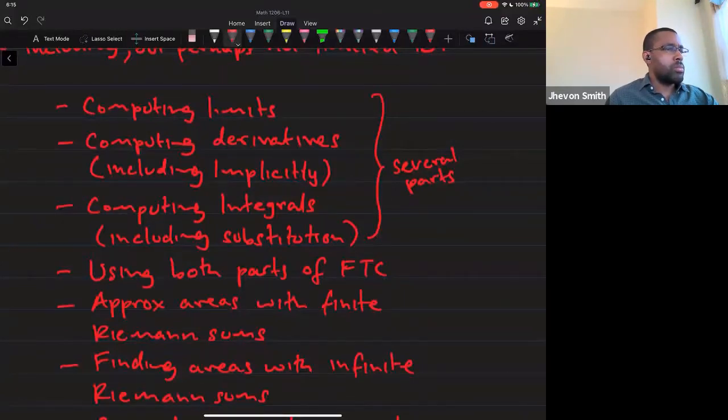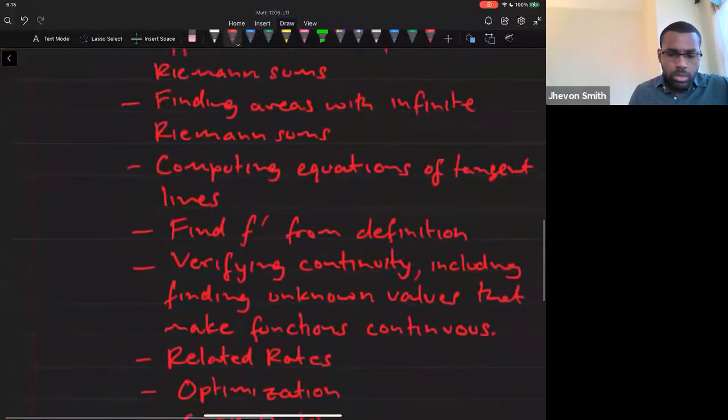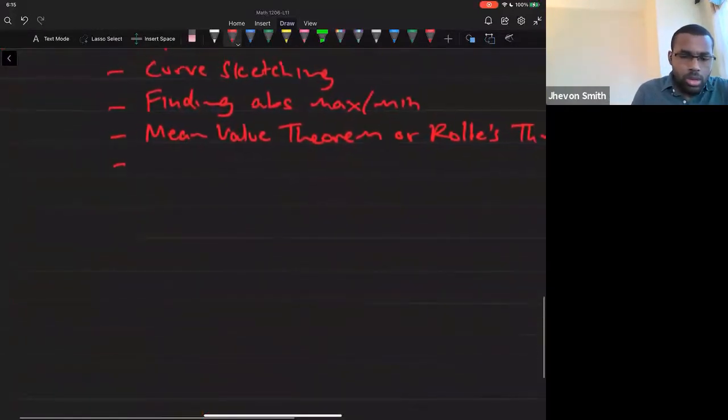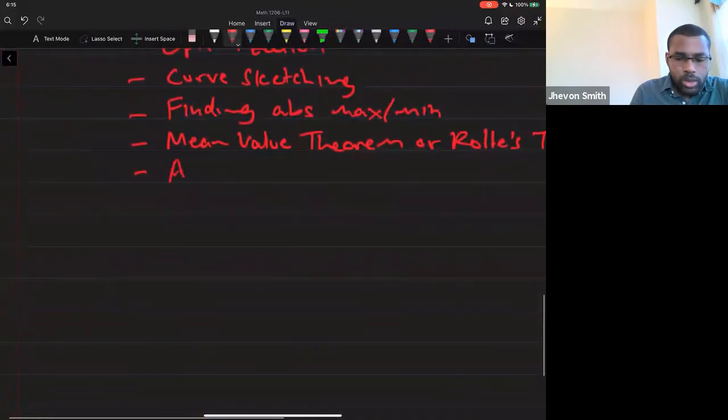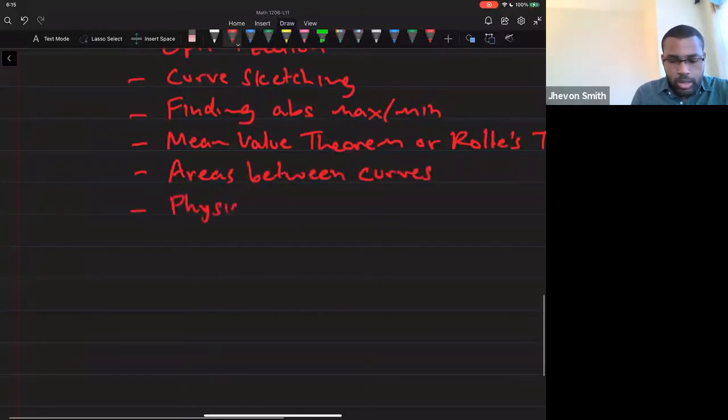What else? Maybe some applications of integration. Did I already say that? Errors between curves. Physics of motion application.